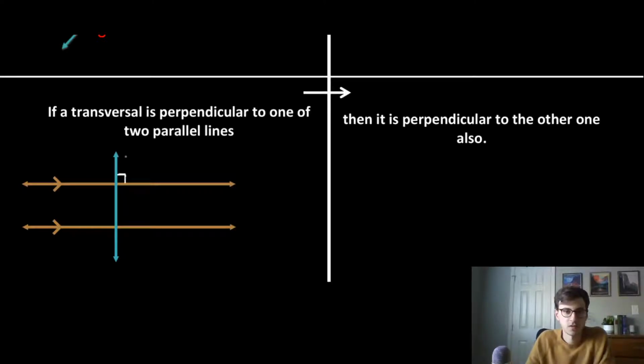So let's say this is line L, and this is line M, and this is line N. I know I'm given that L is perpendicular to M. That's what I'm given.